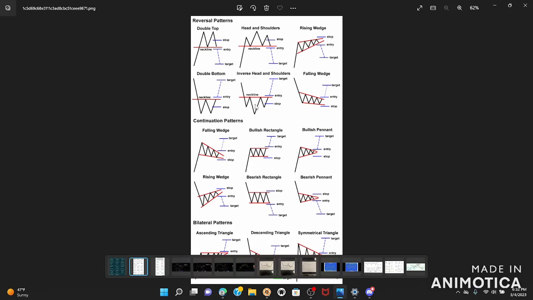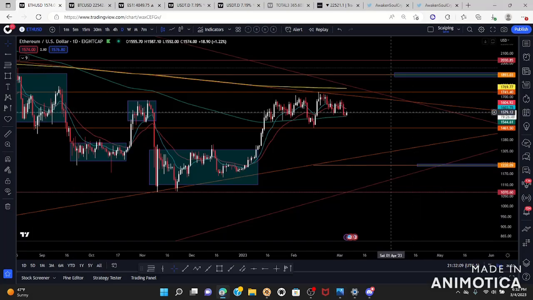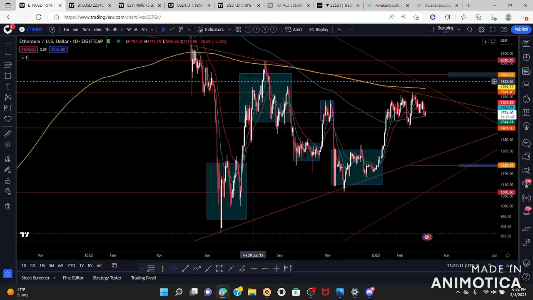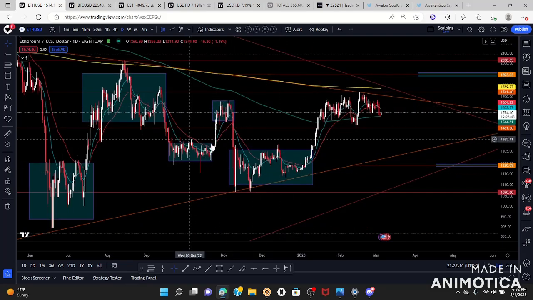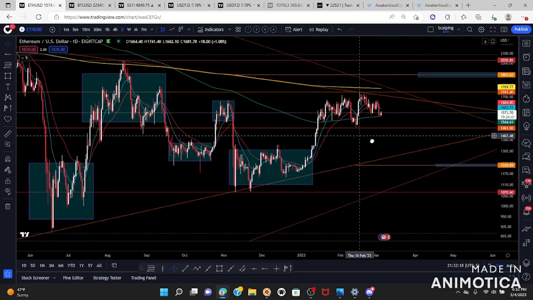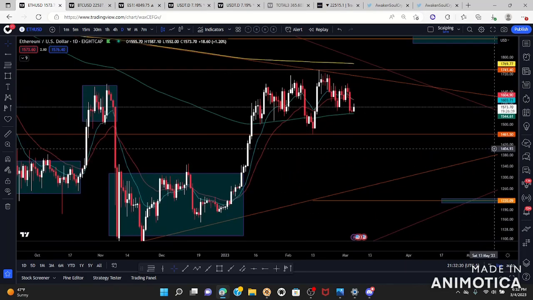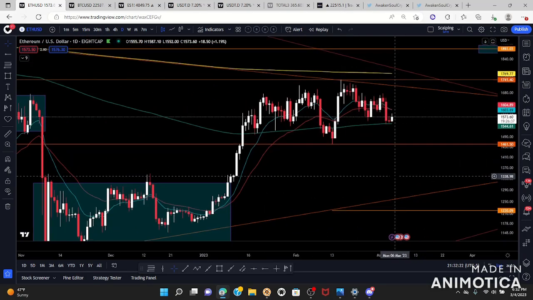So always keep those patterns handy, because in my perspective, they are key and important to see the next move. So the Wyckoff and the Forex patterns, every pattern will have either a diamond, a bull flag, a rising wedge, a falling wedge, and that just helps out understanding what's coming next.